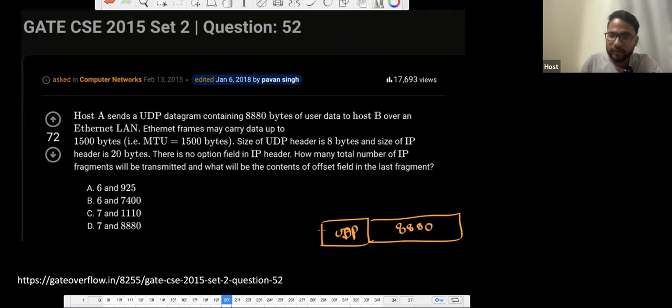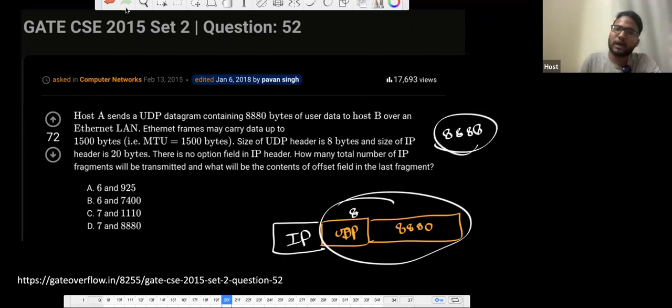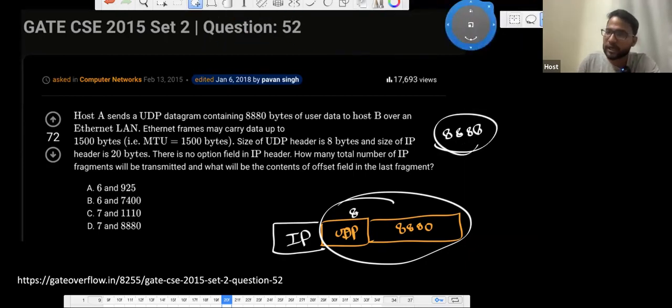Then there will be an IP header. The payload depends on the UDP header size, which is 8, so they have given the UDP header so that you can calculate the total size, which is 8888. This is the IP payload I need to work with.